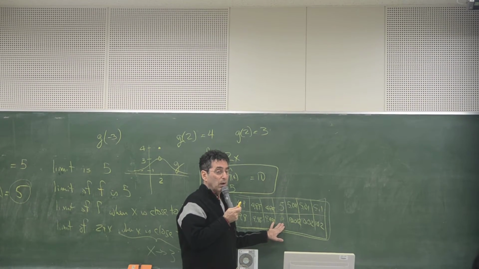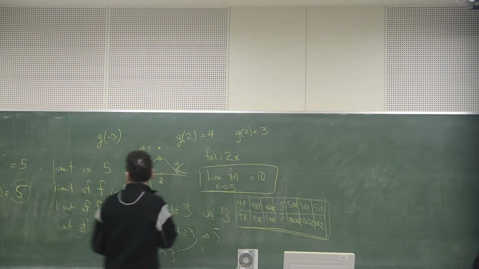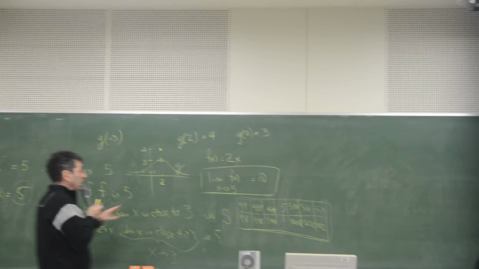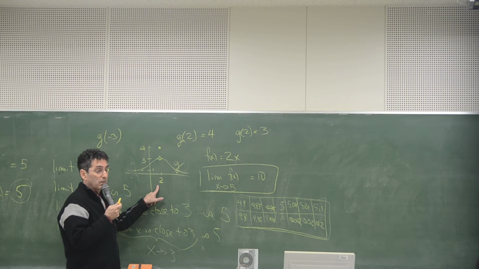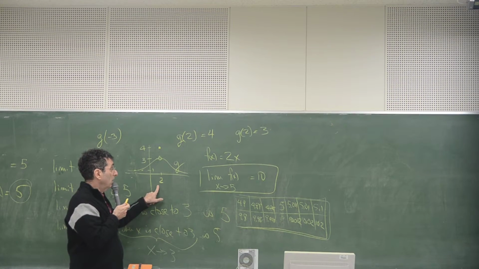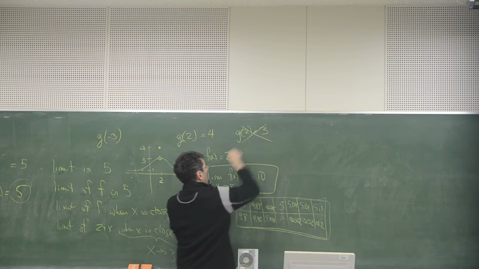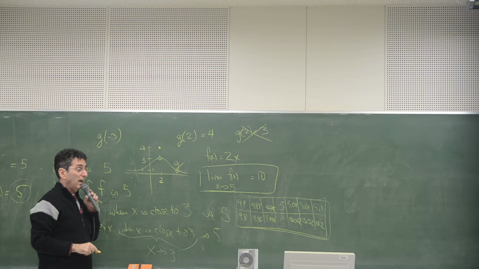So it seems like, why do we need the concept of limit in this case? Just kind of superfluous. But here, the answer is different than the value at 2. The value at 2 is what? g of 2 is 4, right? The height at 2 is 4.